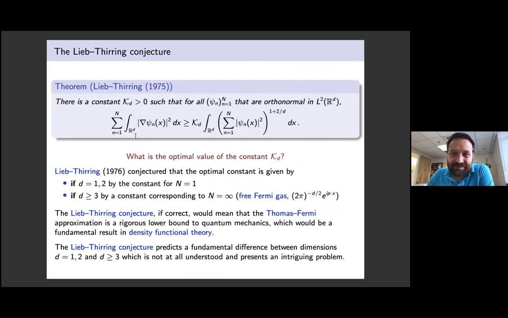The sum of the gradient, the square sum of the gradients, is greater or equal than a certain power of the square sum, where this thing here has the physical interpretation of the 1-particle density. And the important ingredient was that we have orthonormality, and that allowed us a better behavior of this constant than the one we would have thought, right? The one we would have thought is the one where this constant goes to 0, like n to the minus d over 2. That's the behavior if you could choose all the functions equal.